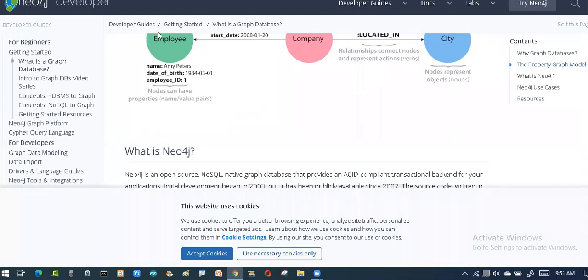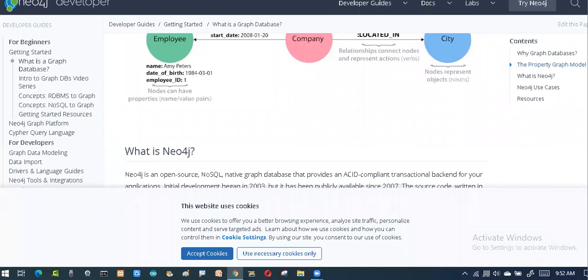Employee is a node, and here we have name, date of birth, and employee ID. These are the properties with values. The values are, for example, Peter, his date of birth, and his ID. When I say one node, in that one node I have properties like name, date of birth, and employee ID, followed by the values. This is what we call a node.